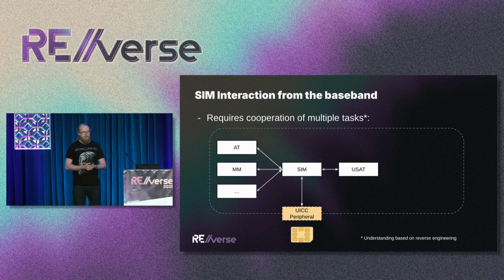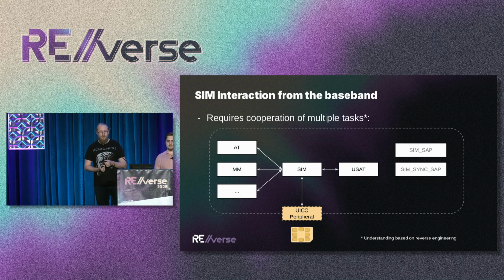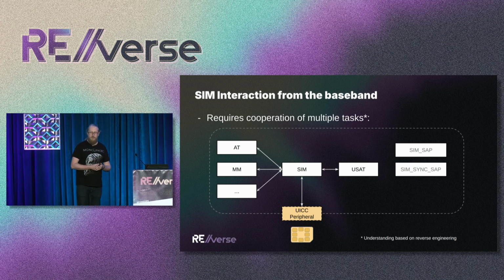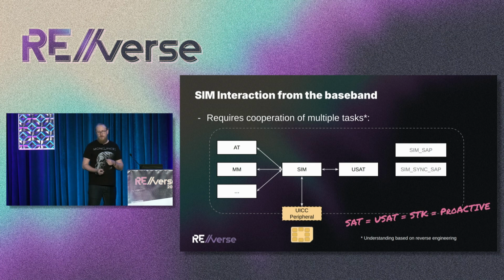While reverse engineering the baseband, we also found a couple of other tasks which have SIM in their name. We did not dive too much into their detail. We think that SAP here stands for the SIM access profile, but we did not really look too much in depth into these tasks. We focused on the left-hand side of this image.